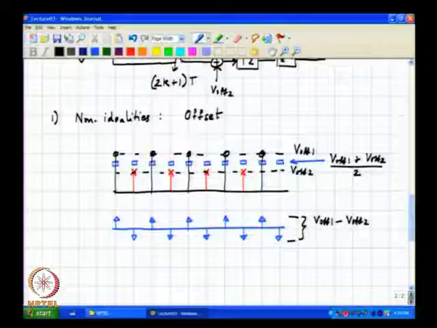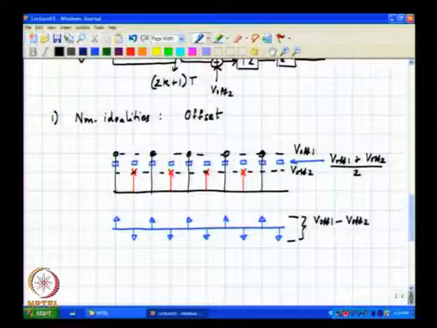Since the discrete time tone is periodic with 2 samples, in the frequency domain it must be a sinusoid at omega equal to pi. Is this clear?